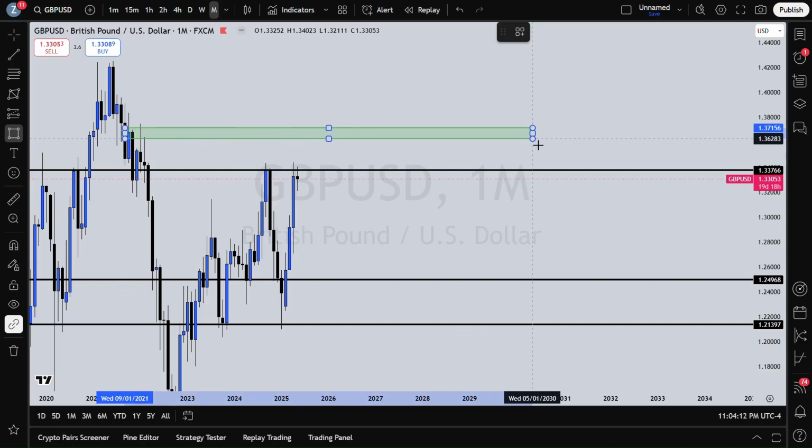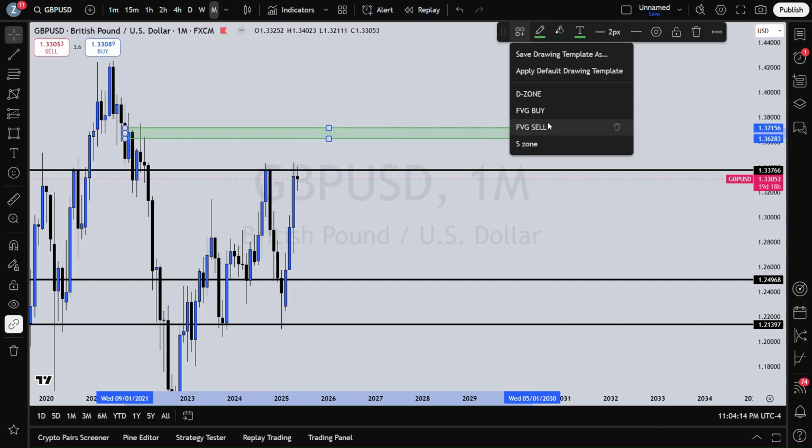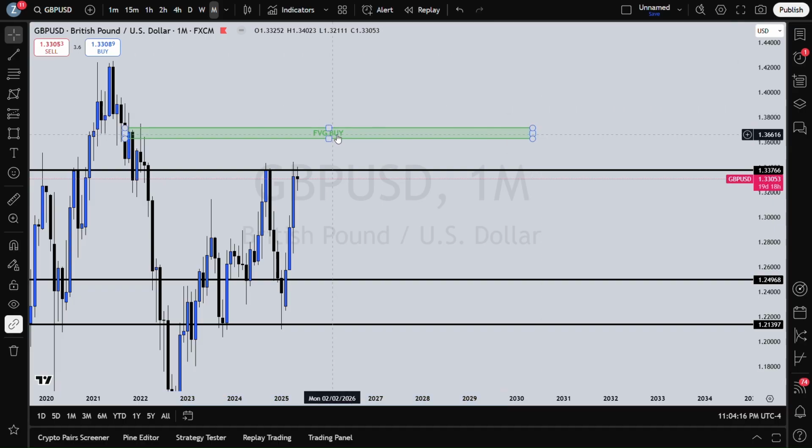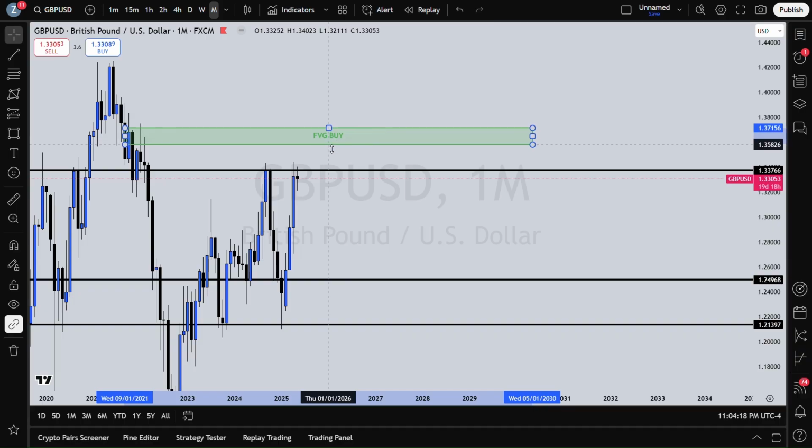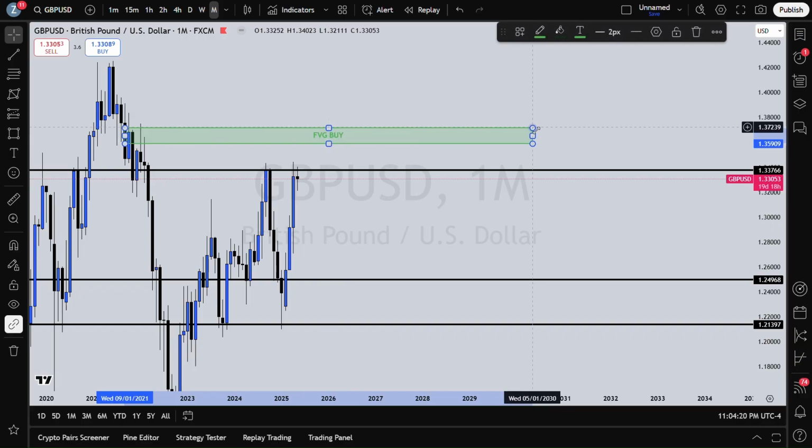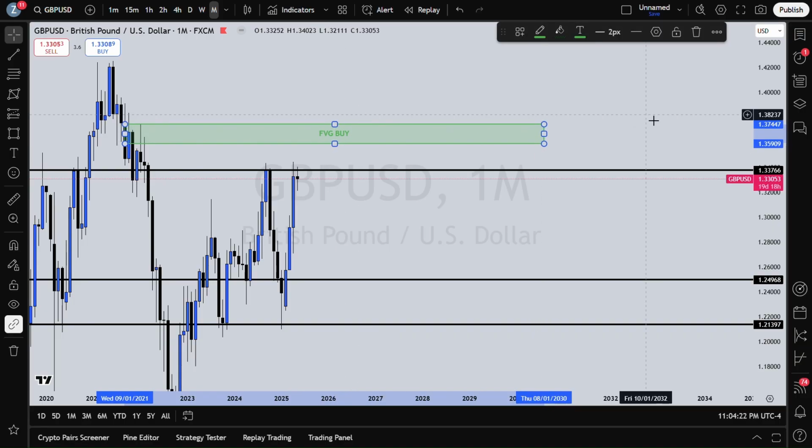With that being said, personally, I'm not going to mark too far up, but I will mark the next key zones as well as the next key levels.